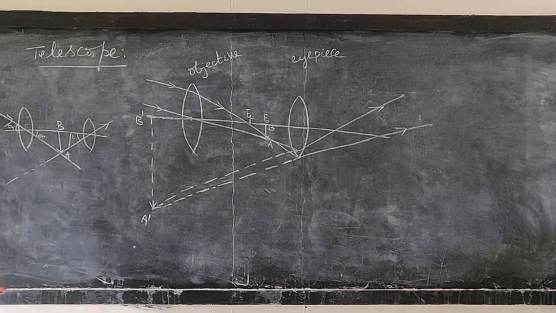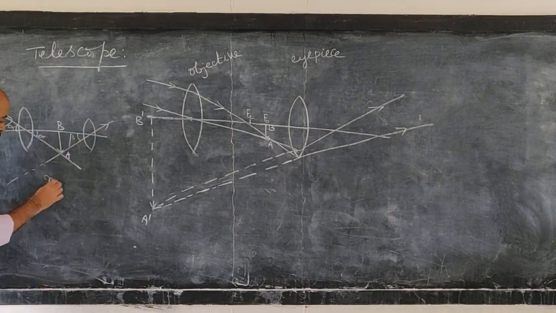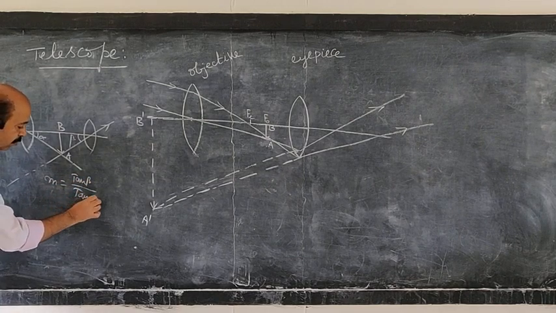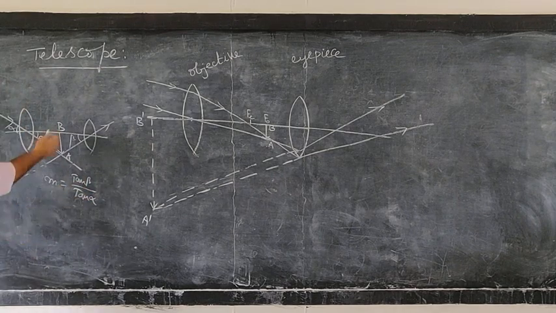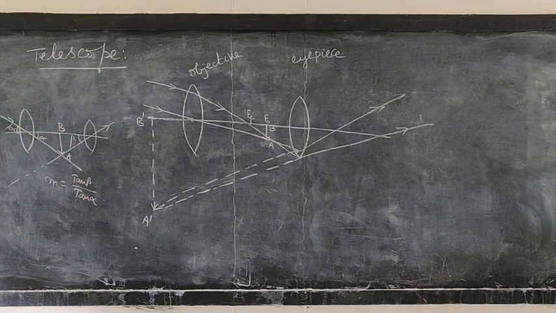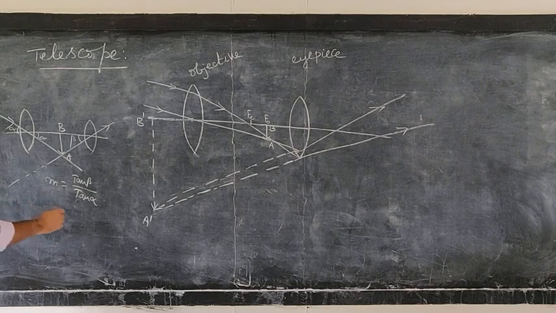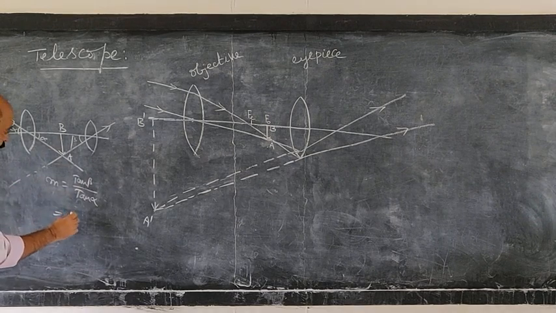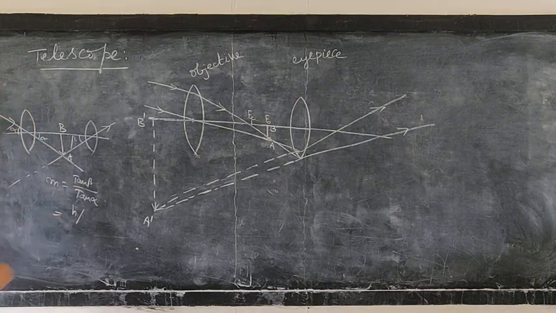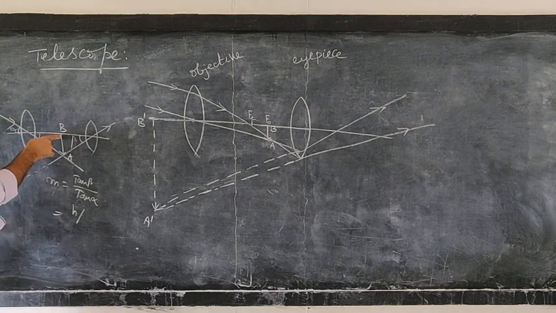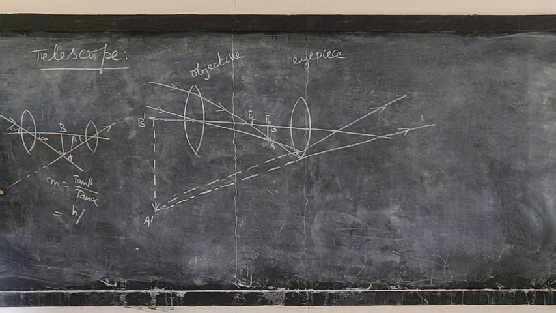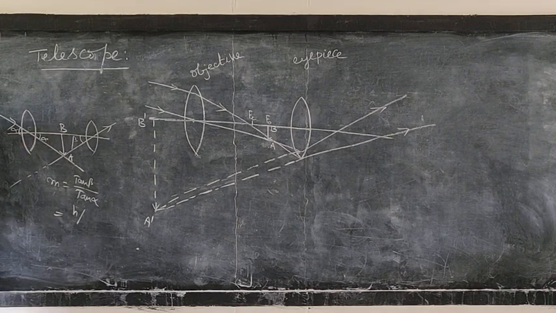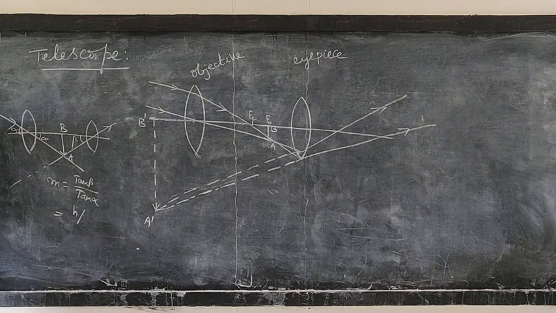Therefore, from the definition of angular magnification, m is equal to tan beta by tan alpha. From the figure, it is very clear that tan beta is equal to h by, if the final image is adjusted at infinite distance, for relaxed vision, the final image is formed at infinite distance.